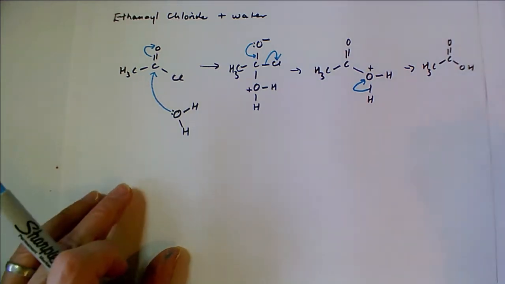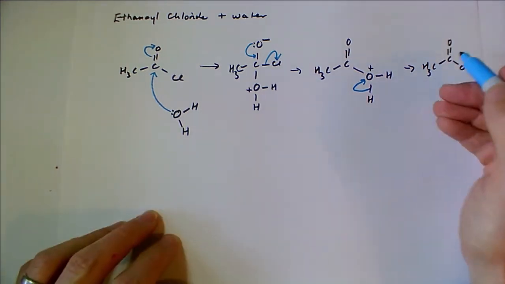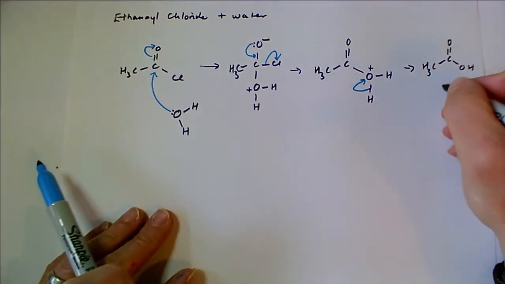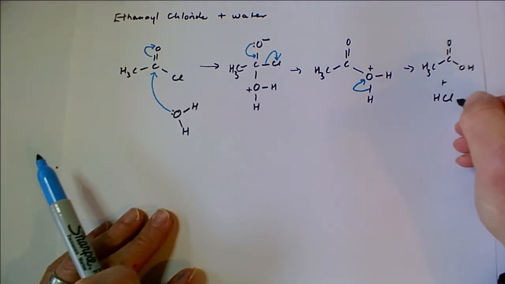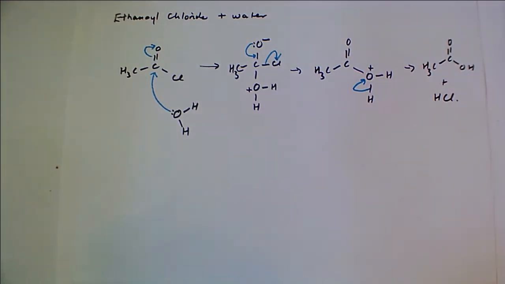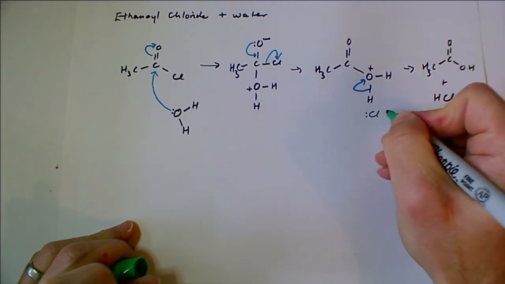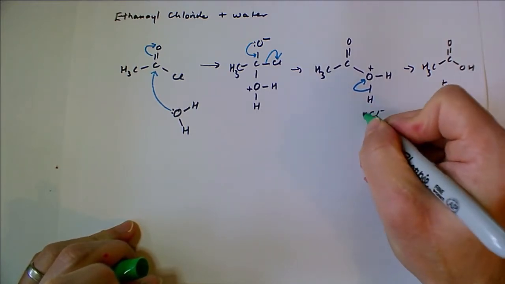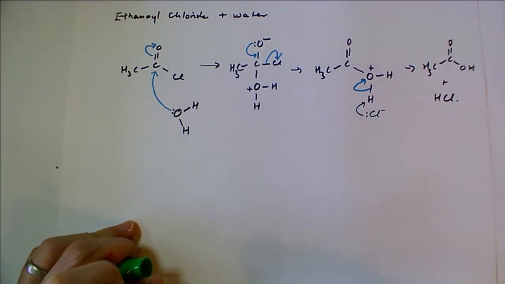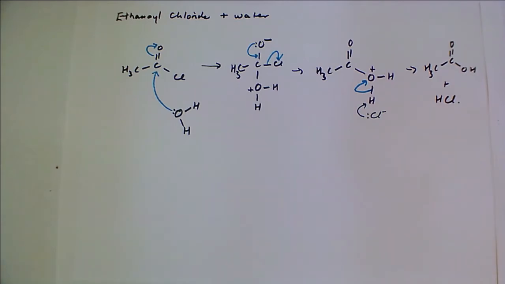And I've formed my acid, and I would also have, in this case, HCl. Like I mentioned before, you could have shown, let's do it in green, eliminated chloride there, removing the hydrogen. But as I will discuss later on, there is a pitfall there.